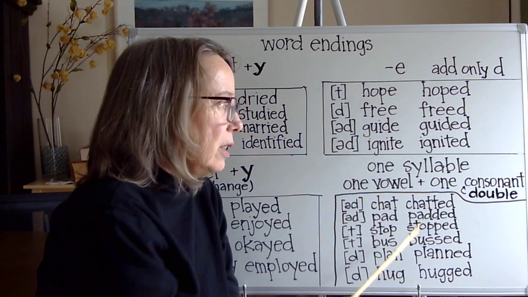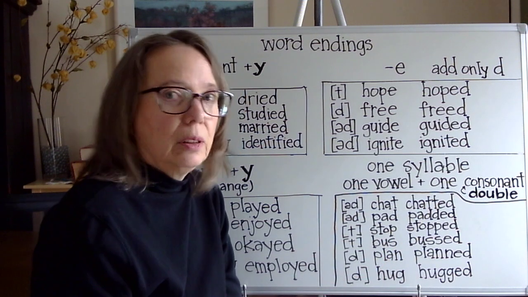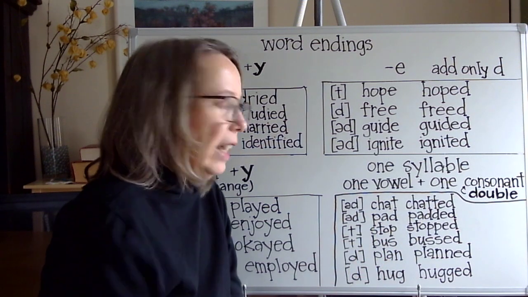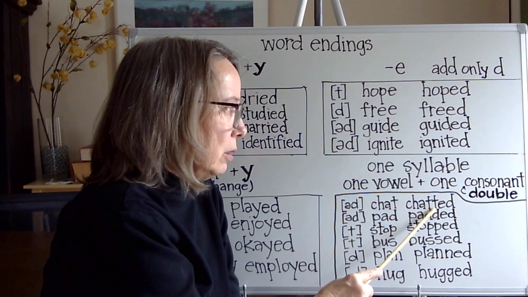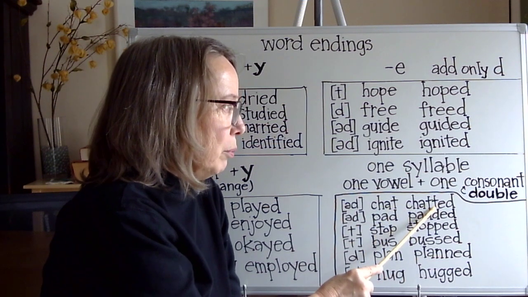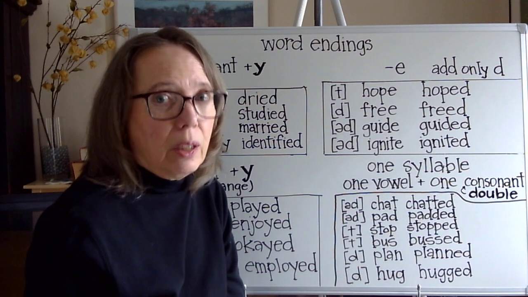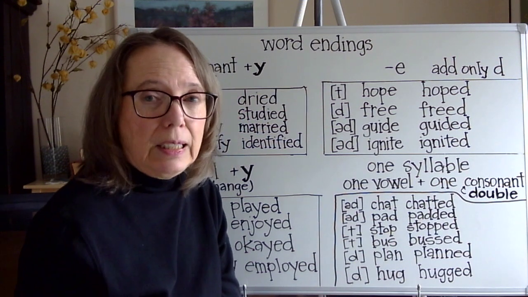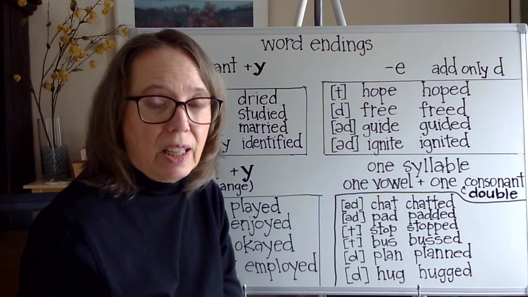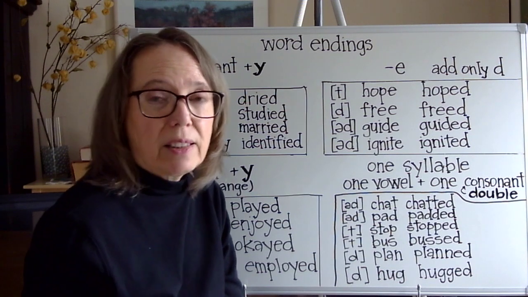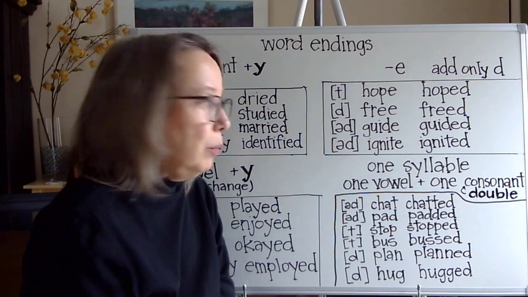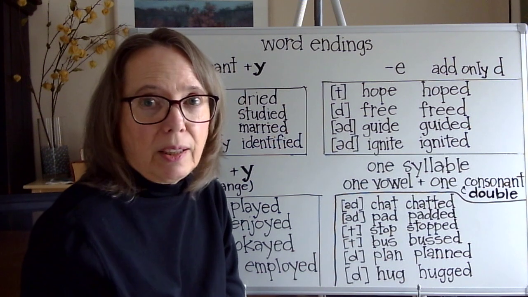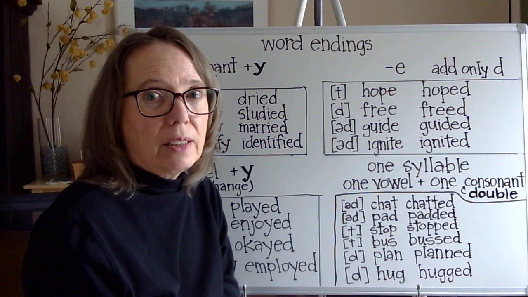In this case, we double the last letter. So this T is doubled here. But the sounds of final ed or pronunciation of the past tense remains the same, even if we put in an extra T or an extra consonant.